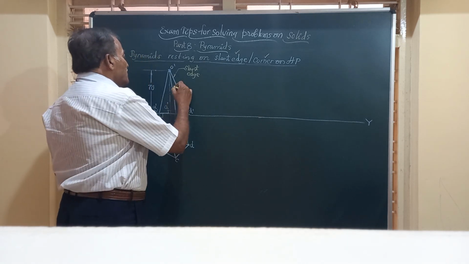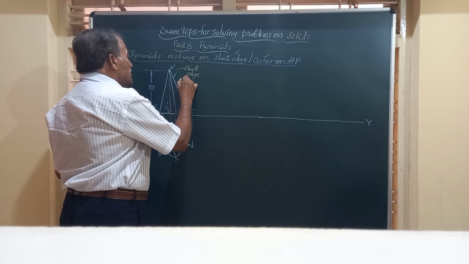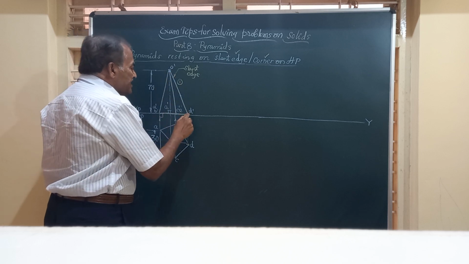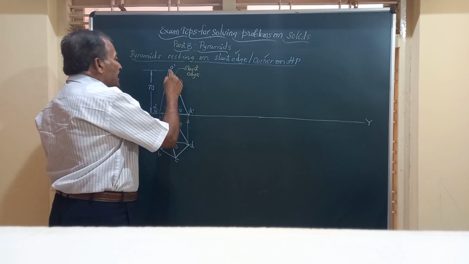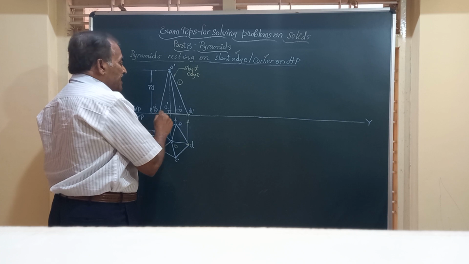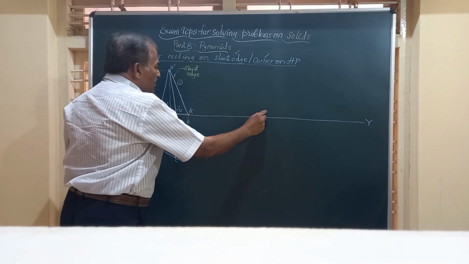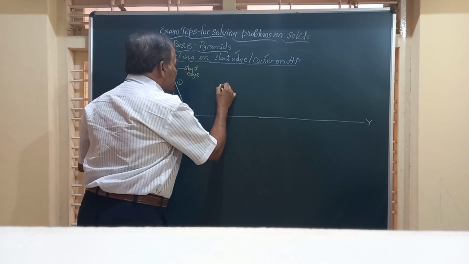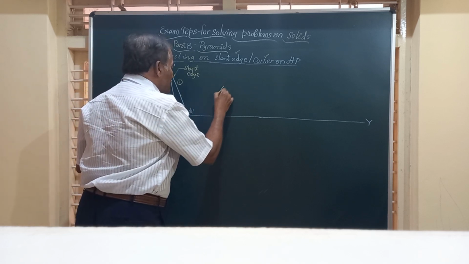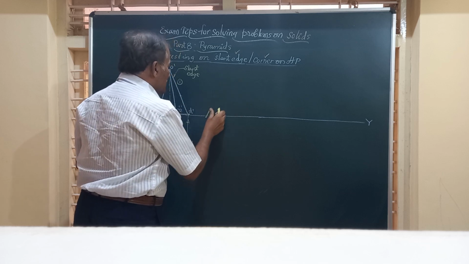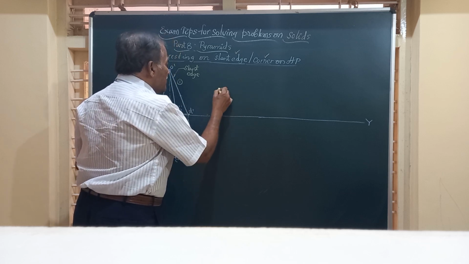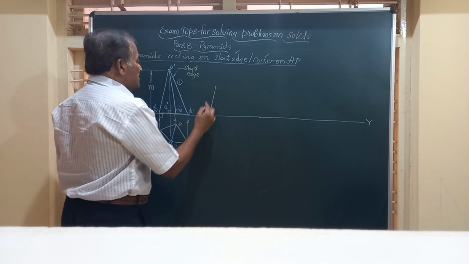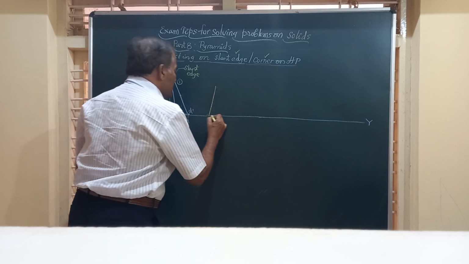So friends, if you call this figure number 1, I am going to redraw this such that this O dash D dash, or this triangle O dash A dash B dash D dash, rests on the slant edge OD. So I will just reproduce this figure here. Say this is the point.